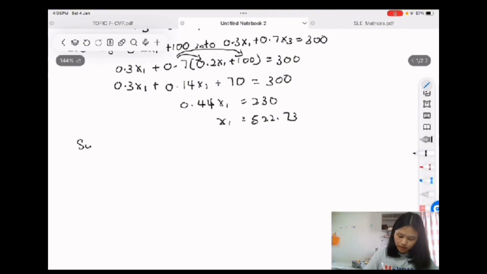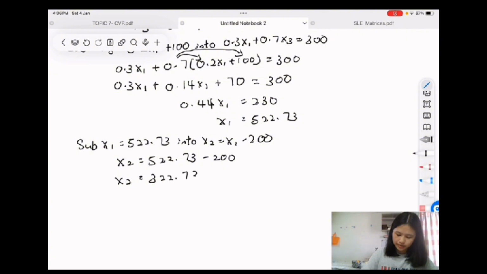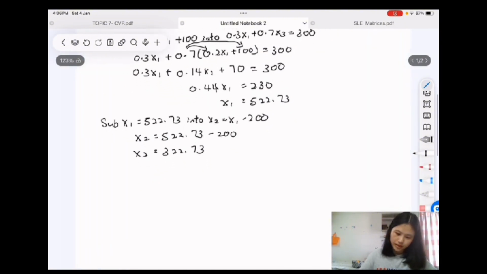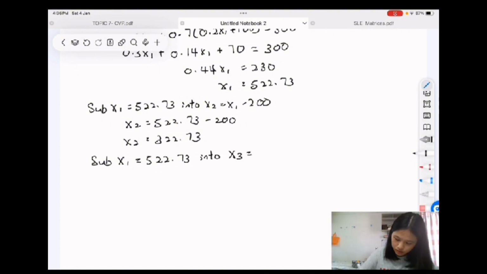Now we substitute x1 equals 522.73 into x2 equals x1 minus 200. So x2 equals 522.73 minus 200. So we know that x2 equals 322.73. And next we substitute x1 equals 522.73 into x3 equals 0.2x1 plus 100.